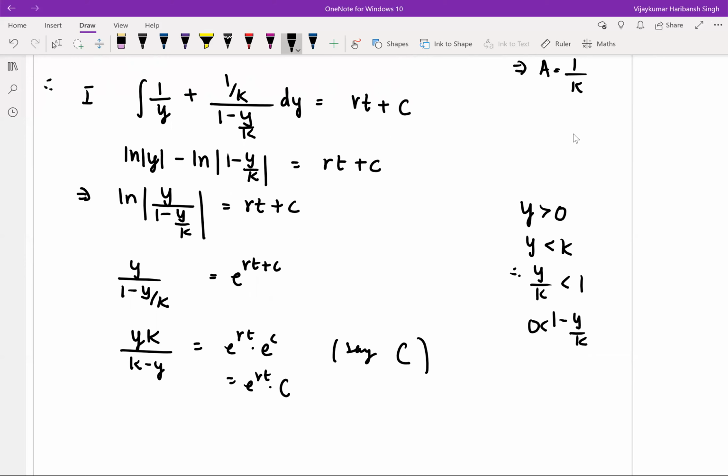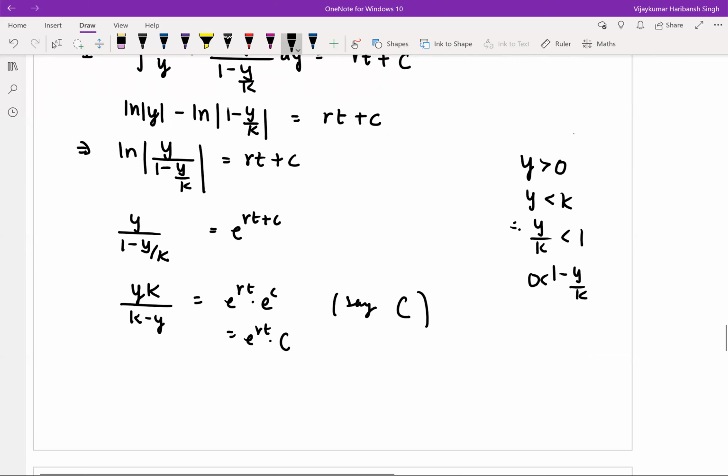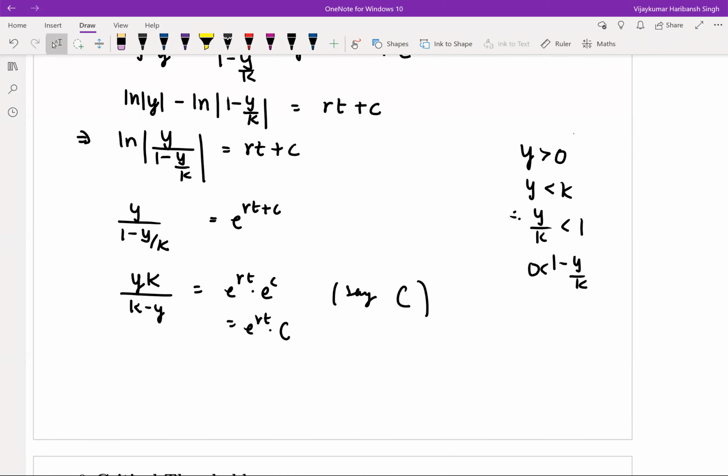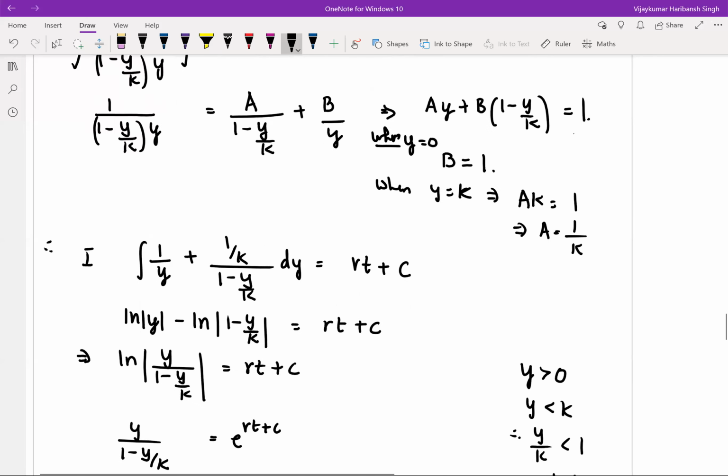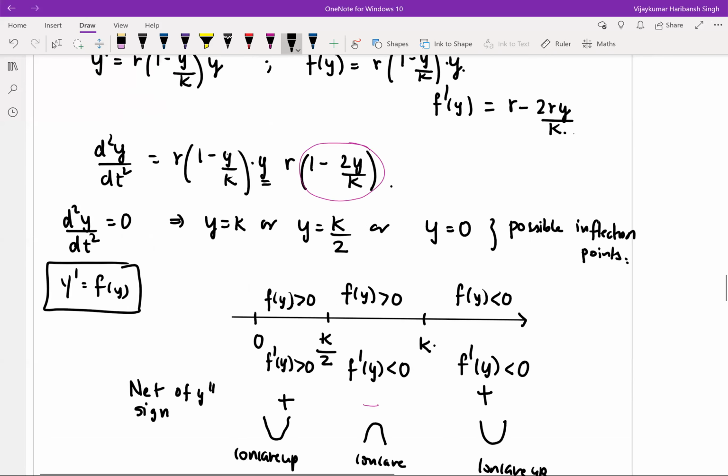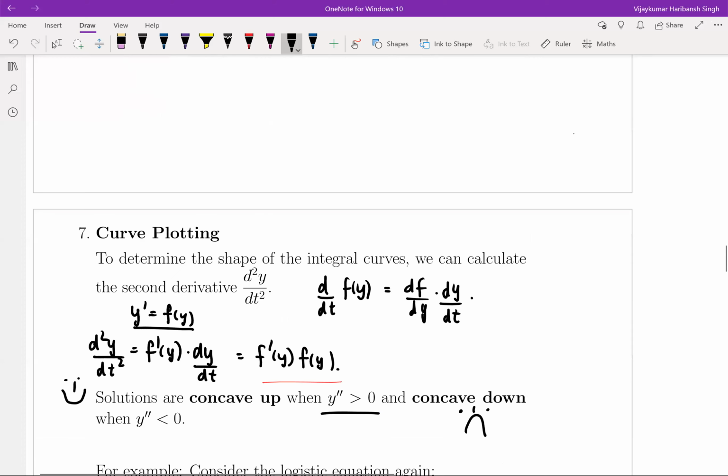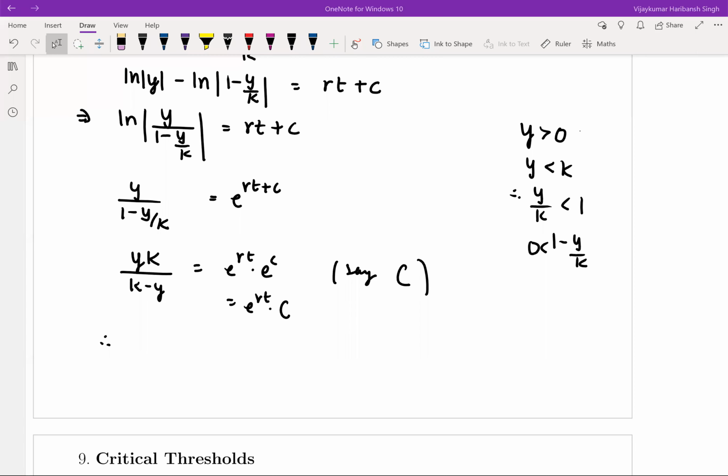Now we need to apply the initial condition. What is the initial condition? We are given y of 0 is y0.